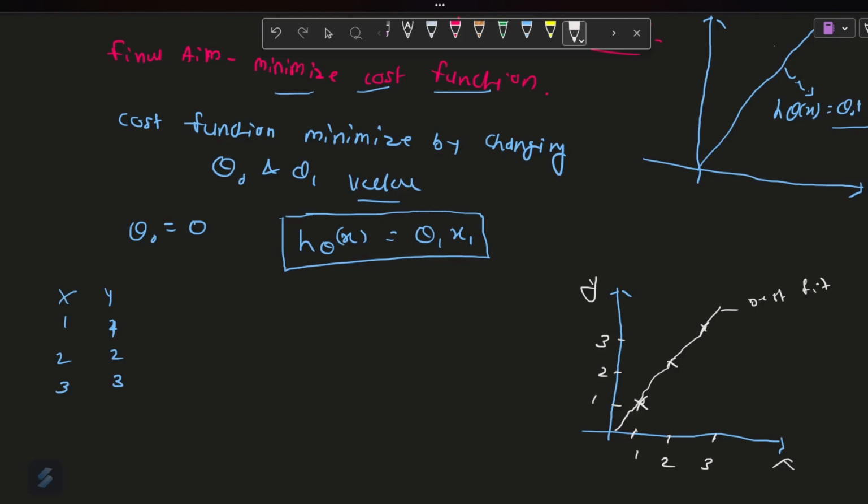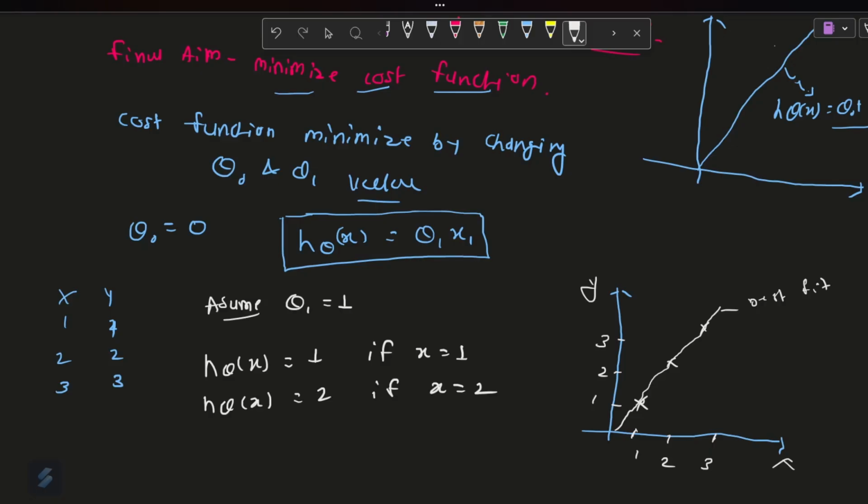Let's assume theta 1 is equal to 1. So h theta of x is 1 if x is 1, h theta of x is 2 if x is 2, and h theta of x is 3 if x is 3.